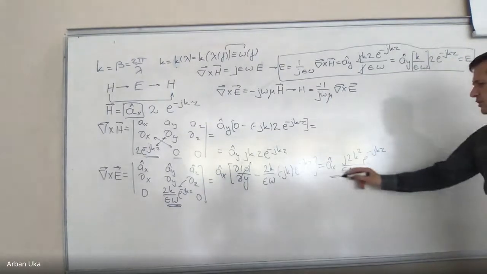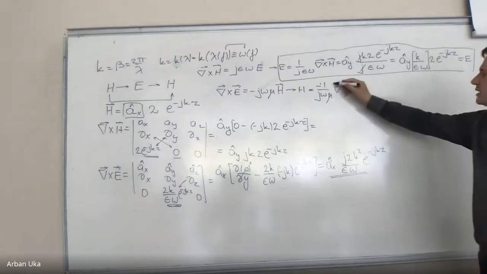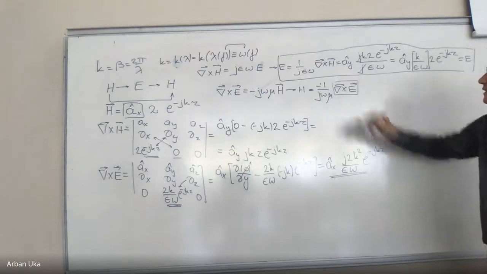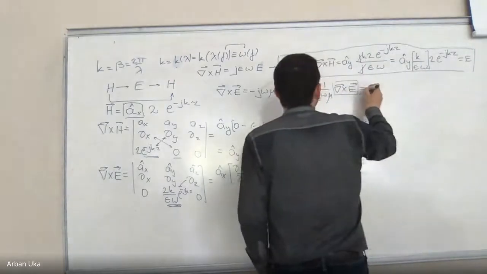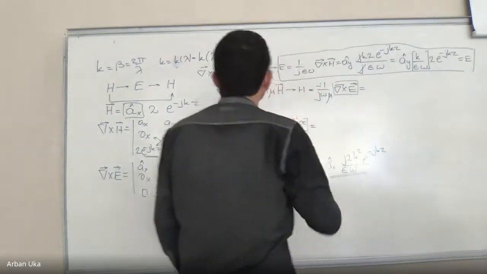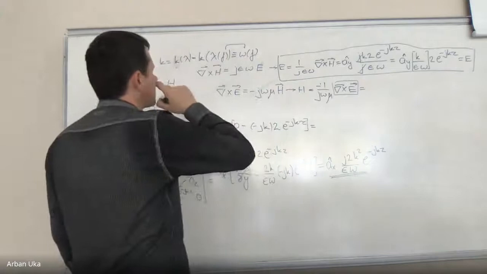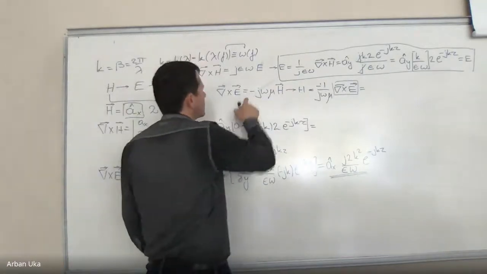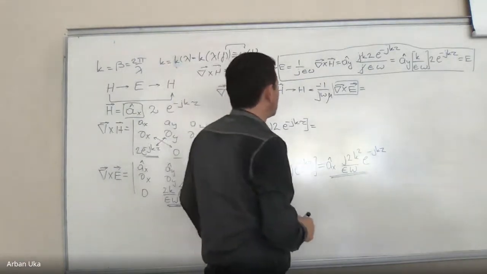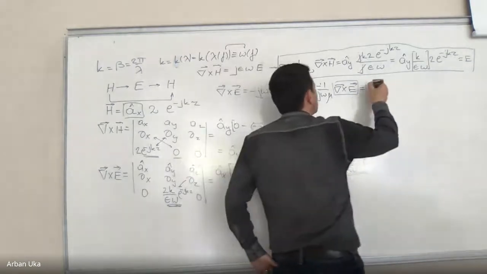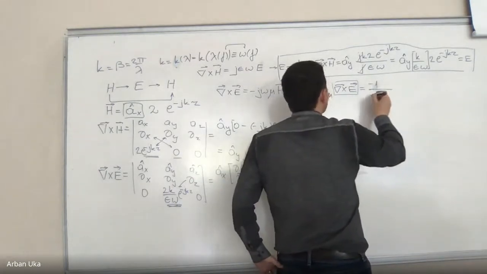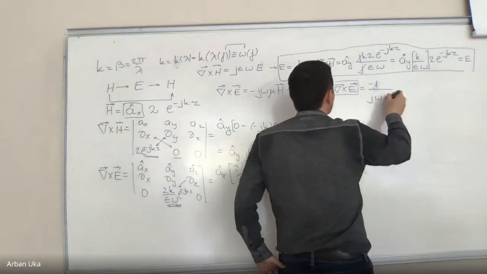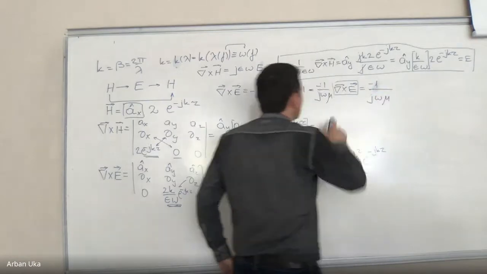Now that we know the curl of E, let's substitute this one in here. Wait a second, where did we get this negative sign? Yes, it should be there because of this. So this is minus 1 over j omega mu. And let's substitute now the curl.